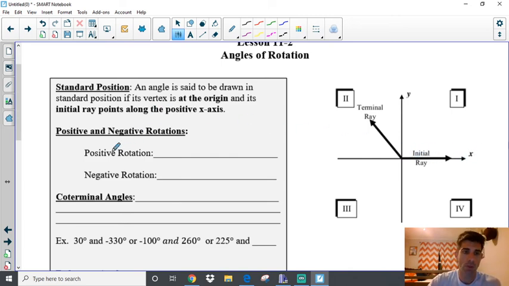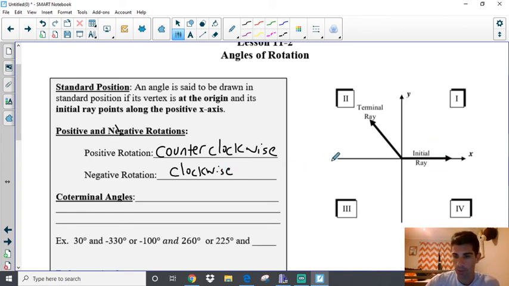When we're moving in a positive rotation, measuring an angle, you're moving counterclockwise. And when you're going the other way, in the clockwise direction, that's measuring in the negative direction.